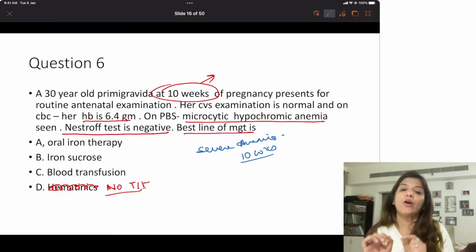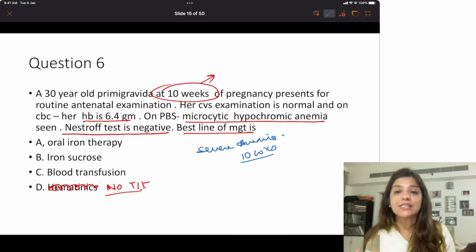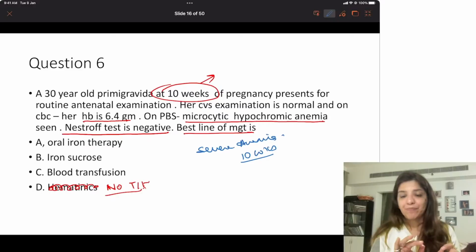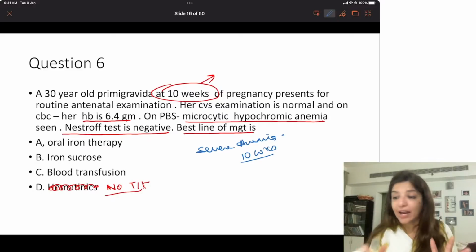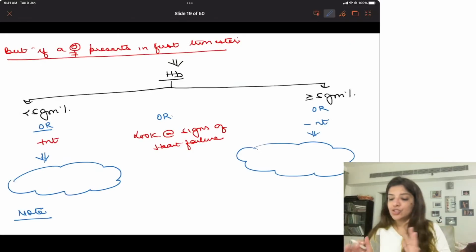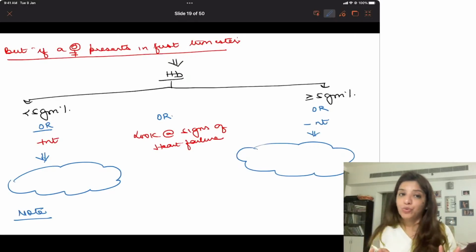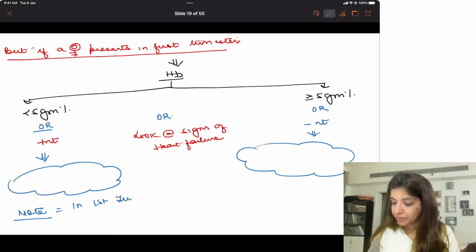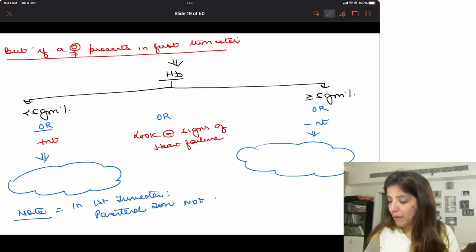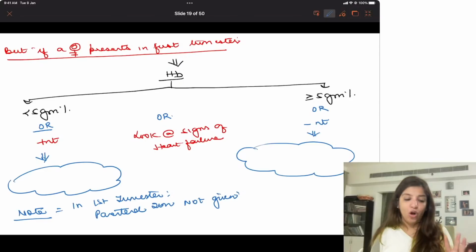Now, the typical point over here is that the question says that patient has come to you at 10 weeks, that is in first trimester. Please remember, in first trimester, parenteral iron is not given. Obviously, if patient is having active bleeding, you have to give blood transfusion.